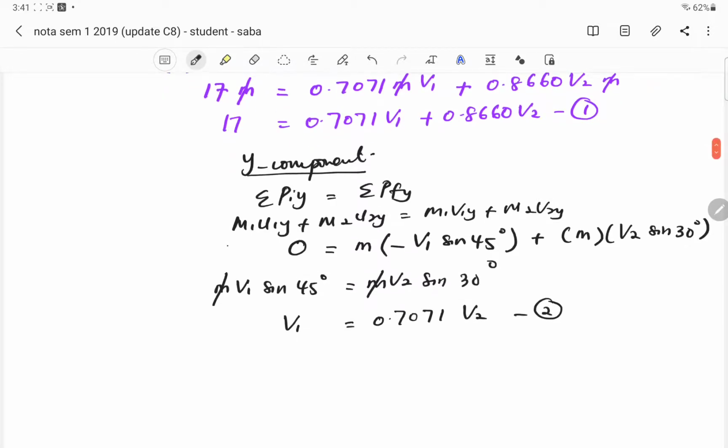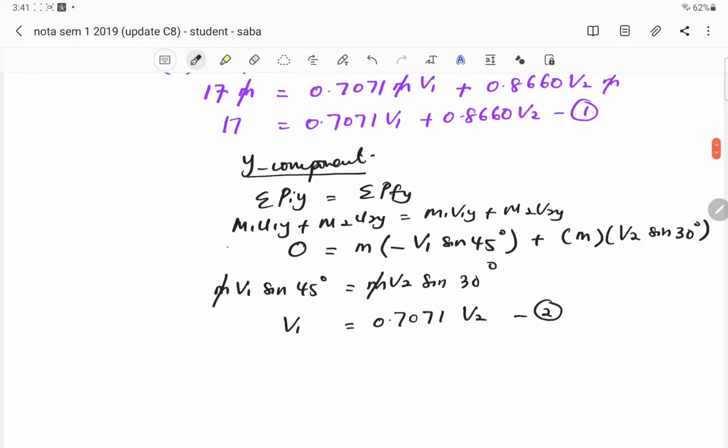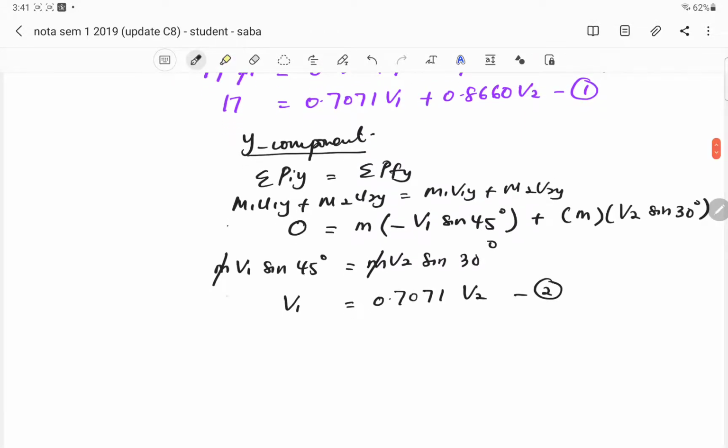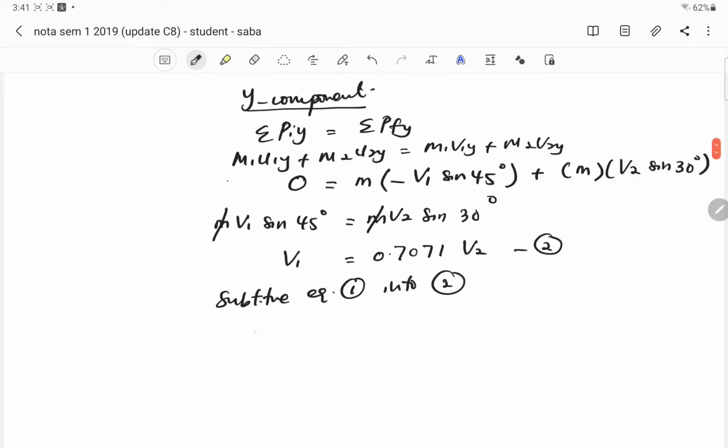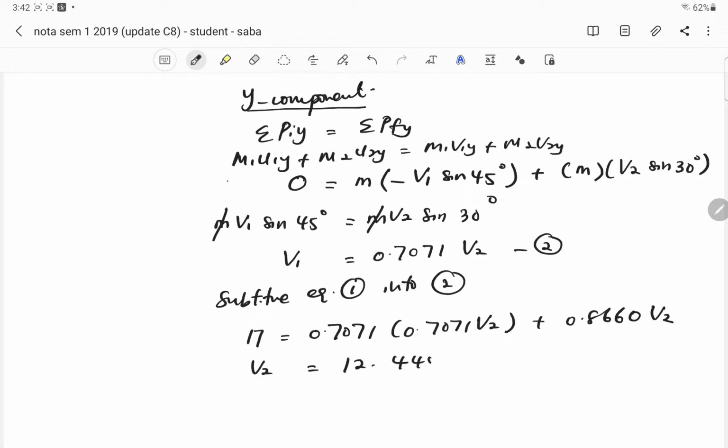Now we have equation 1 and equation 2. So you substitute equation number 2 into equation 1. So 17 equal to 0.7071 times 0.7071 v2 plus 0.8660 v2. So you will get v2 as 14.45 meter per second.